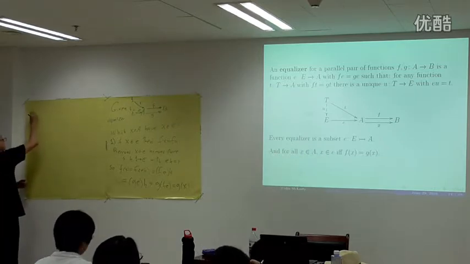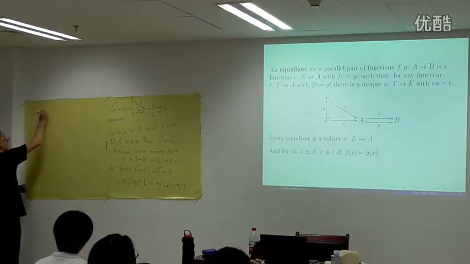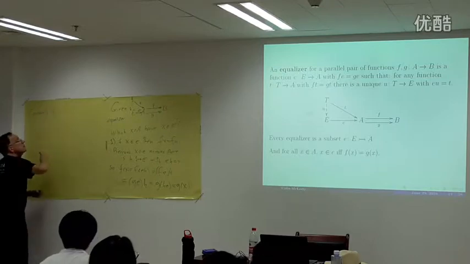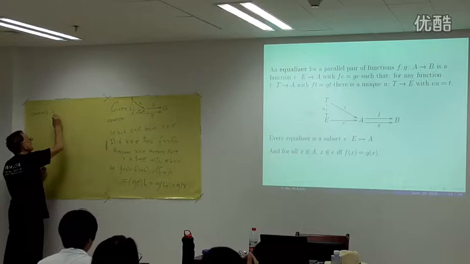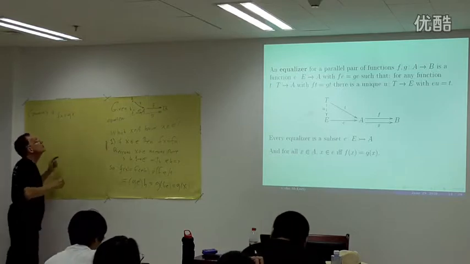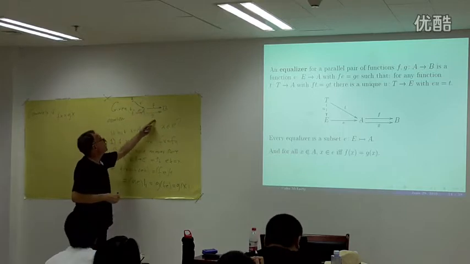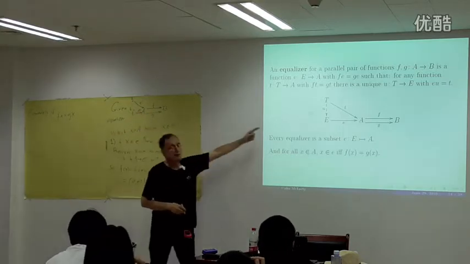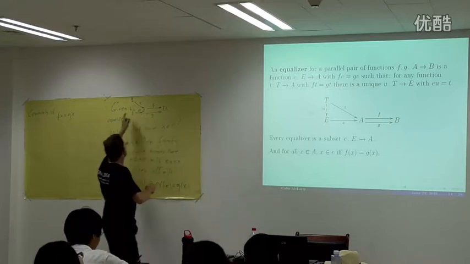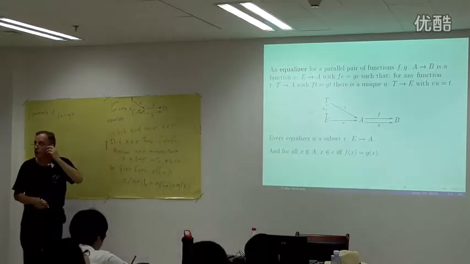Conversely, if fx equals gx, if this composite equals that composite, the definition says there exists an h. That's the definition of equalizer.